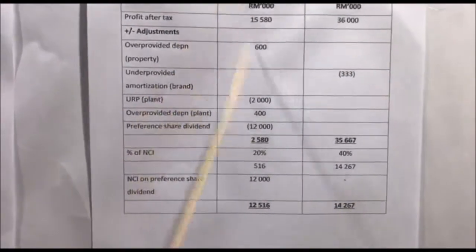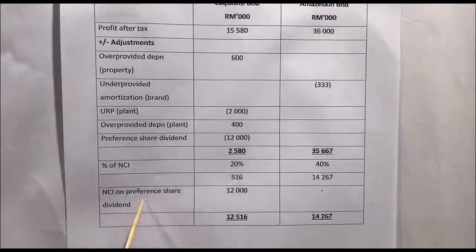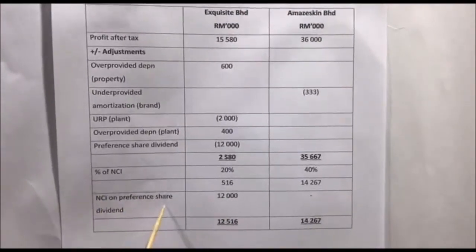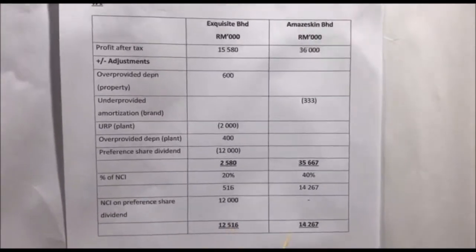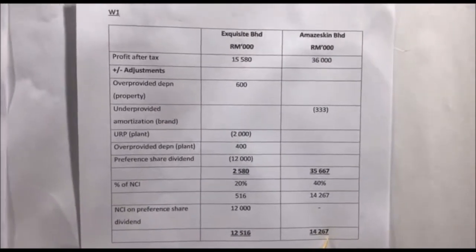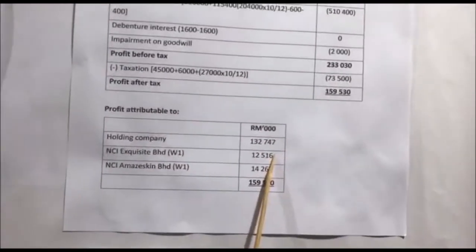For Exquisite Berhad, we will plus the 12 million, which is the NCI of the preferential dividend, and the total amount of 12.516 million and also 14.267 million will be credited to NCI for both subsidiaries.